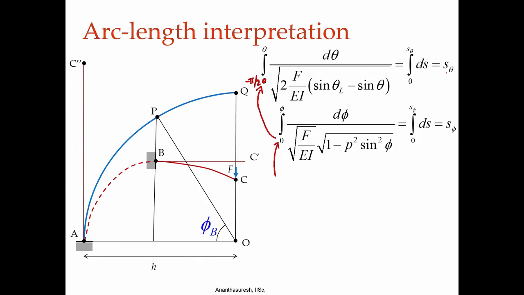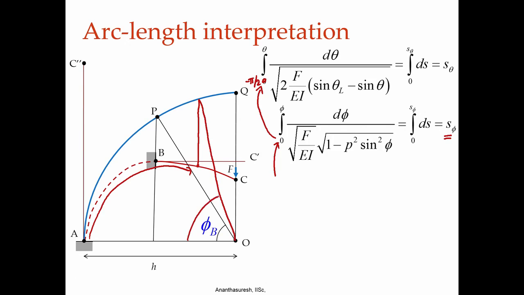What does it mean? When I take a point, let us say somewhere over here, then from here to here there is an arc length S phi. Okay. If I take this point over there, again how do I compute the phi? I have to extend vertical line there and join that to this.